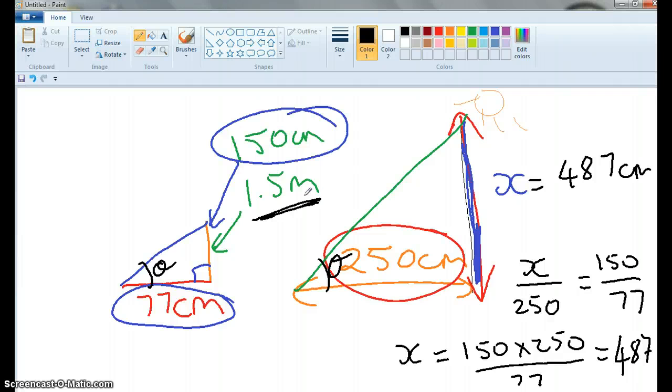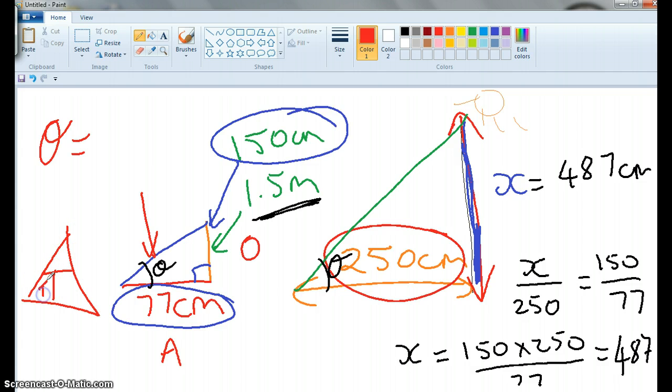Oh, okay. Alrighty. Now, the other thing that you could do is work out this angle. So how would I work out that angle? If that's opposite and that's adjacent, tangent. So we've got TOA. Because we actually don't have hypotenuse, we don't want to find hypotenuse at this point. So tan theta, so theta equals inverse tan O upon A, which is 150 over 77.